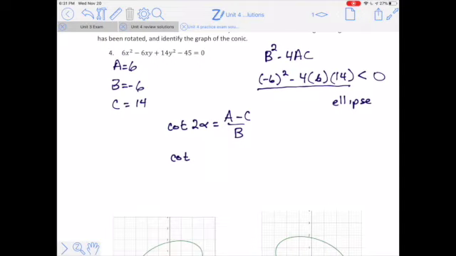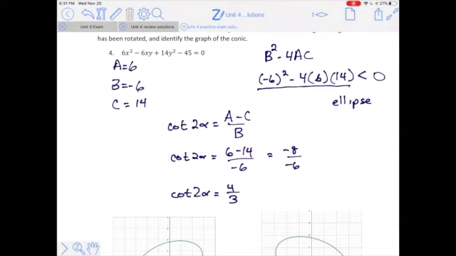So here we have cotangent of 2 alpha equals 6 minus 14 over negative 6. Cotangent 2 alpha is 4/3. Now what?